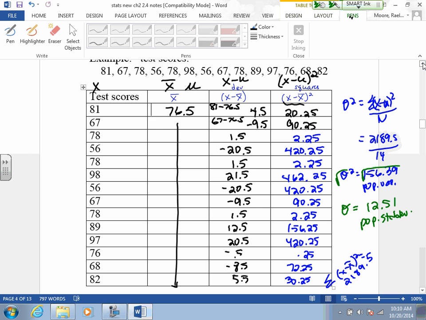Okay? This is what I had to do every single time. We had calculators for this. You guys are going to do this in a calculator in a little while, but I want you to see where this comes from. Population standard deviation. Population variance. What does it say underneath one? It says population variance.